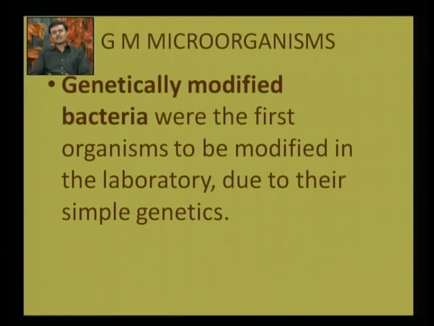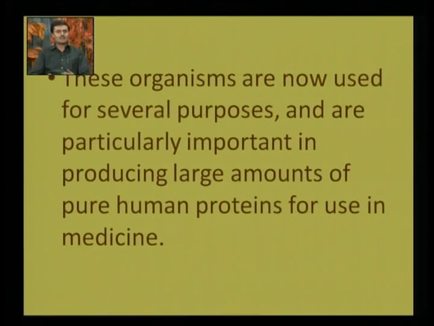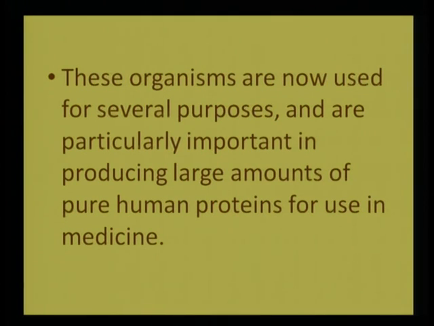So we can say genetically modified bacteria were the first organisms to be modified. These organisms are used for several purposes and are particularly important in producing large amounts of pure human proteins, as my colleague discussed earlier, giving the example of insulin.